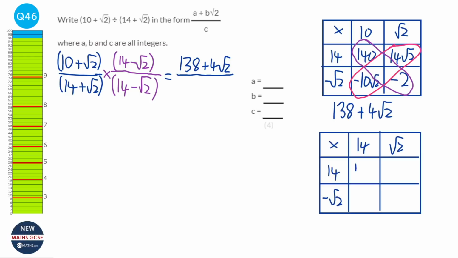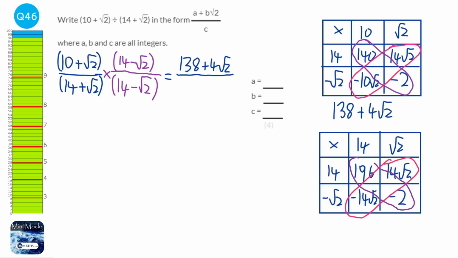So 14 times 14 is 196. 14 root 2 minus 14 root 2 and then minus 2. So you can see here now there's a 14 root 2 plus a minus 14 root 2, which cancel each other out to 0. So we get rid of the surd, and then 196 take away 2 is 194. So we've got 194 at the bottom.